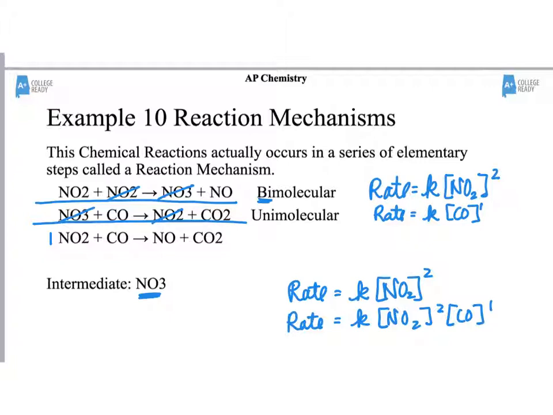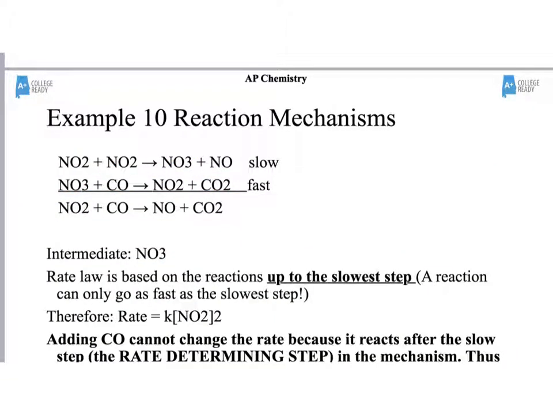Those are our two possible rate laws based on this mechanism. So which one is the right one? It depends on which one is the slow step. If the first one is the slow step, then this is the rate law. If the second one is the slow step, then this is the rate law. So we're going to need some information to tell us which one's the slow step.